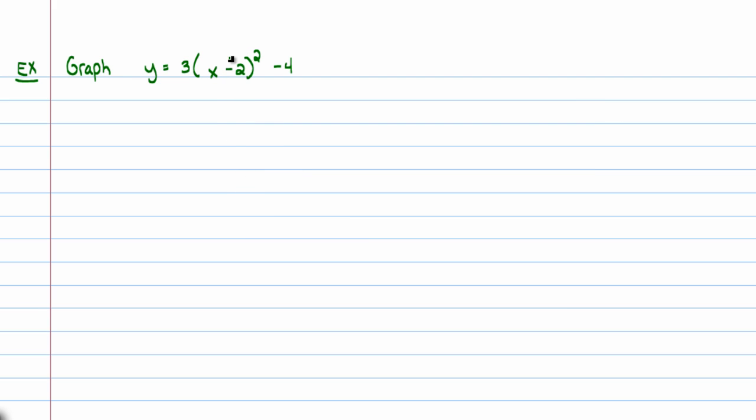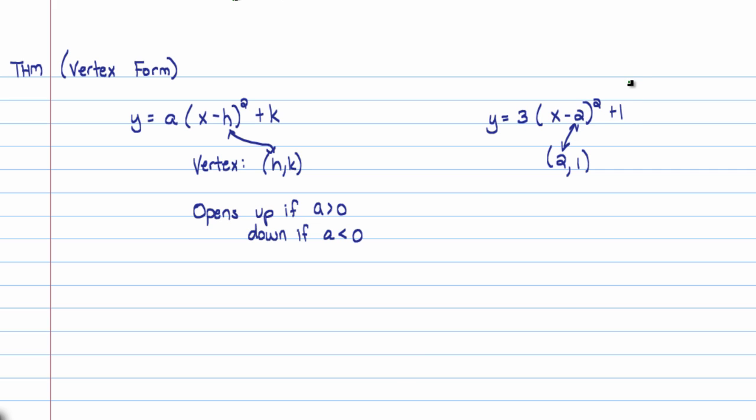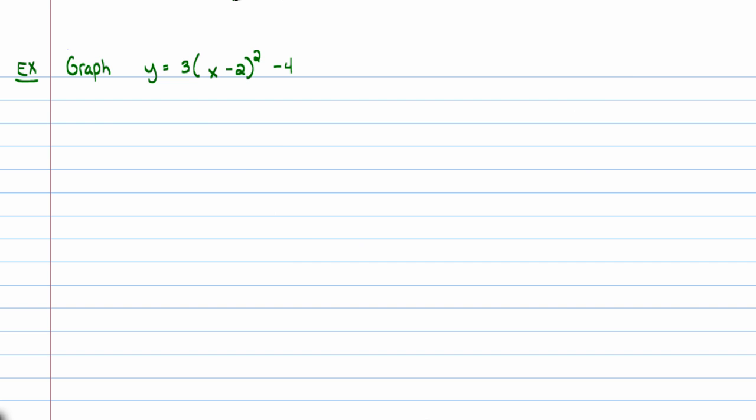And the example I'm going to do is slightly different from what I wrote down as my example on the previous page, this example right here. I wanted to actually have a -4 there instead of a +1, just for a specific reason. And when we go to graph this, actually I should use a thicker pen for this. We're going to go ahead and set up some axes here.